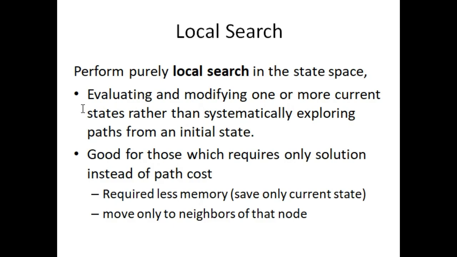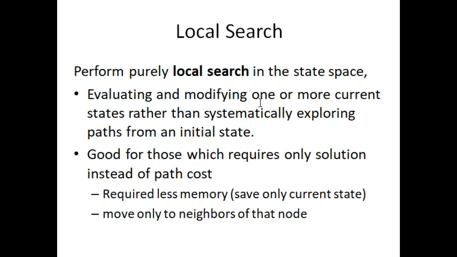So, what is the local search? It is evaluating and modifying one or more current states. In this search technique, our focus is only to evaluate the current states, not exploring as a whole the path from initial state to goal state. So our focus is to explore and evaluate only the current state.